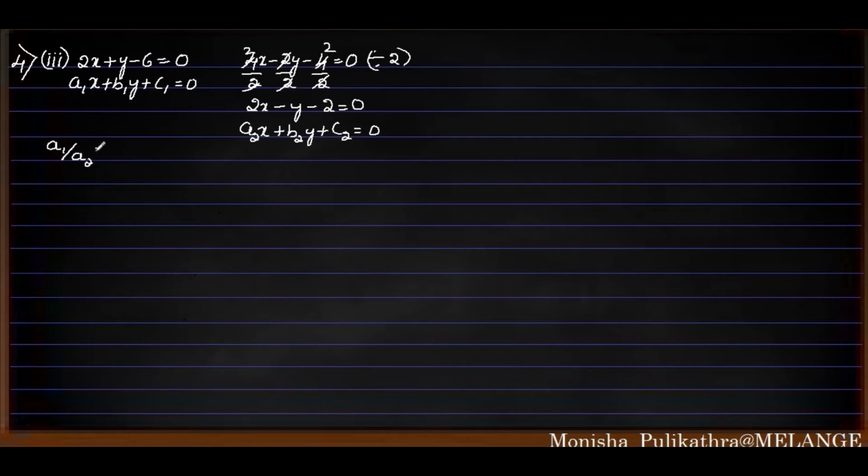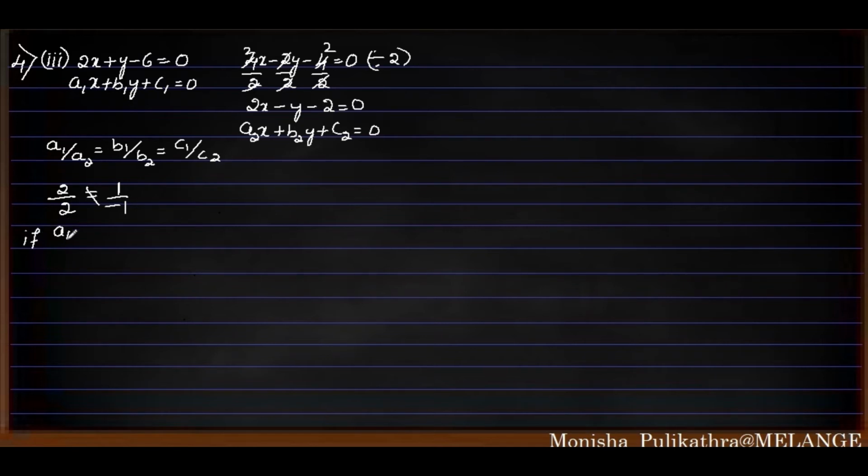a1 by a2 is equal to b1 by b2 is equal to c1 by c2. Okay, so a1 by a2 is 2 by 2, is equal to b1 is 1 and b2 is minus 1. Here itself we can decide what type of equation it is. a1 by a2 is not equal to b1 by b2.